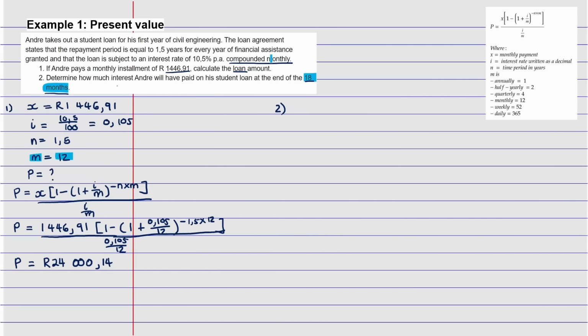That is why it's called compounded monthly. But since they gave us months already, we don't need to change N into months. I hope that makes sense.